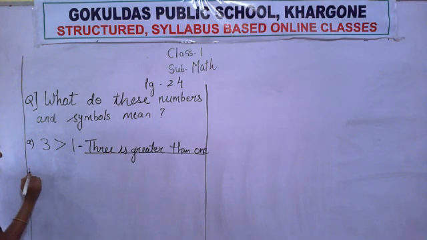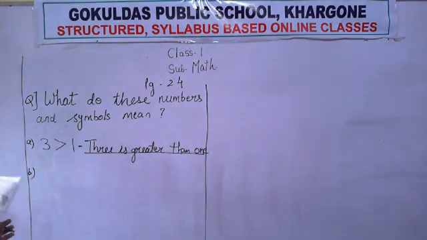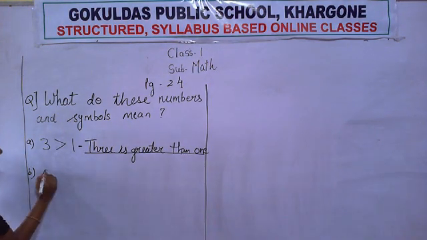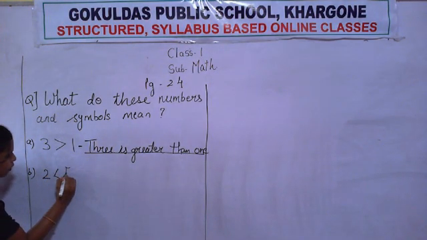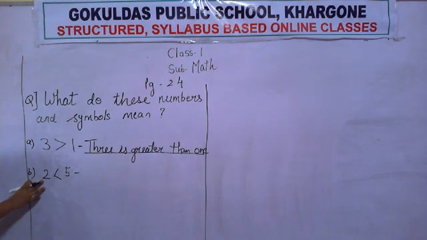Now see B. This is the second one that you have to do. How do you read it? 2 is less than 5. And what is this symbol? Is the mouth of the crocodile open here or closed? It is closed.